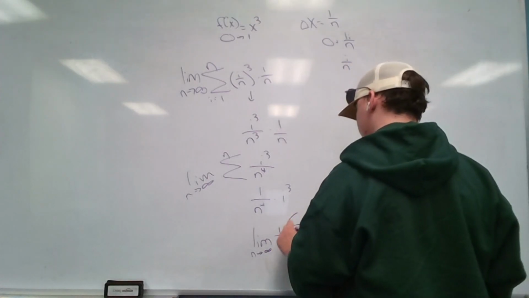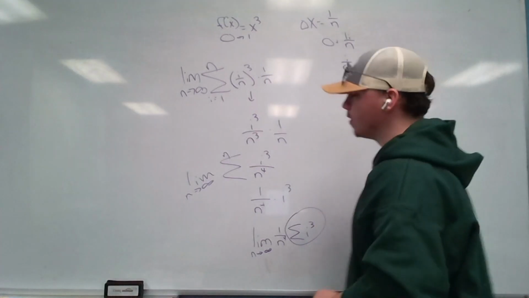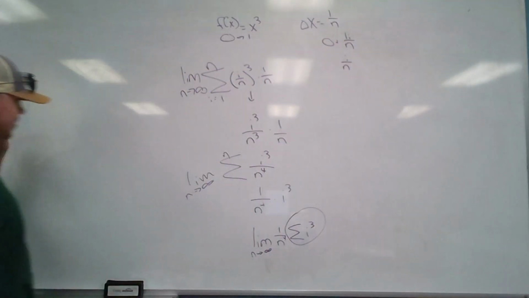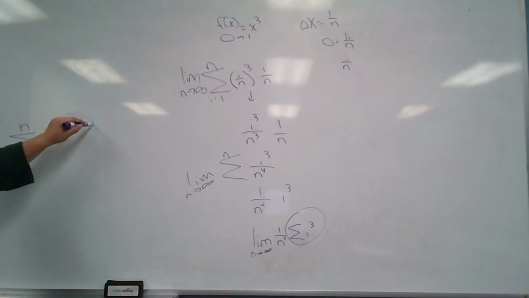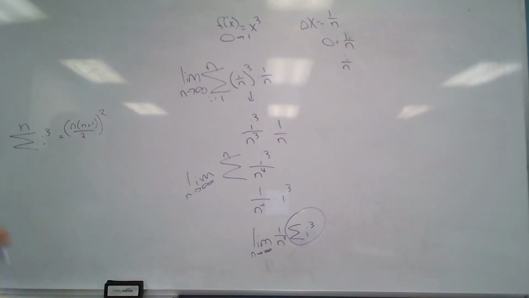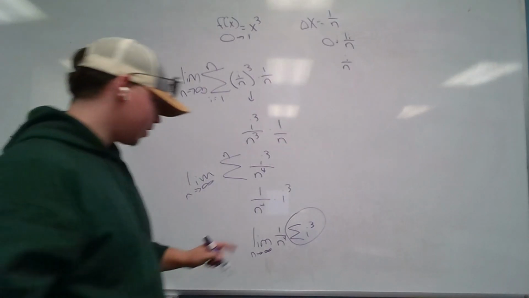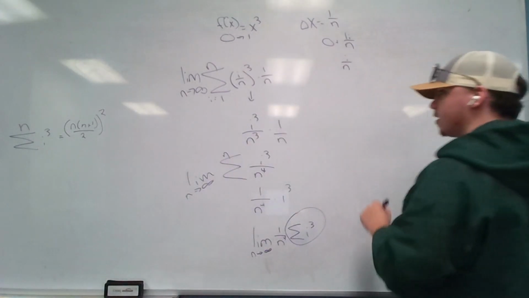Now, this right here is something that we've already seen, which is equal to n times n plus 1 over 2, squared. Therefore, we can replace it like this.